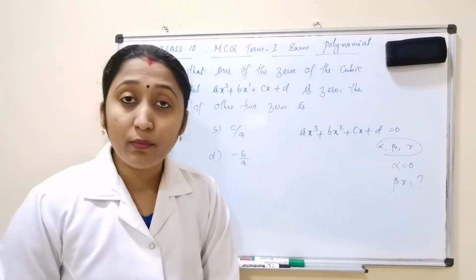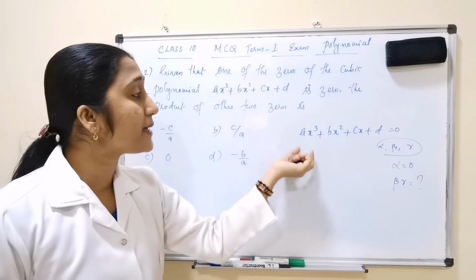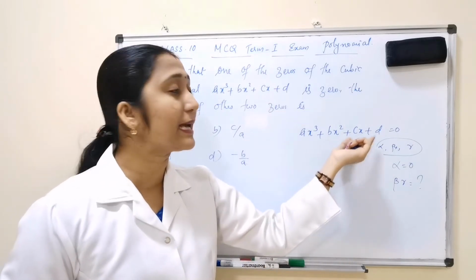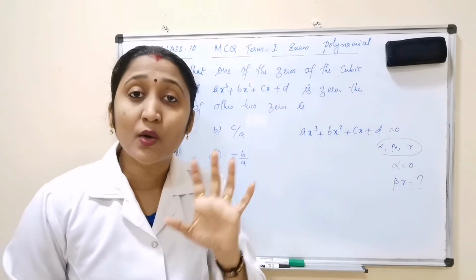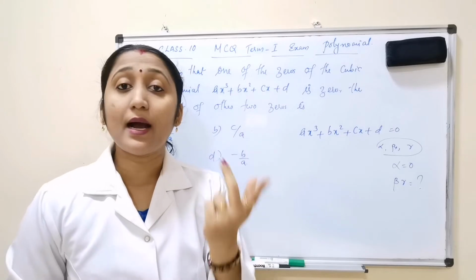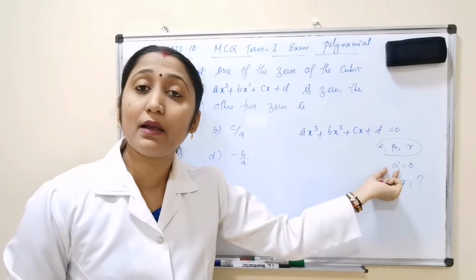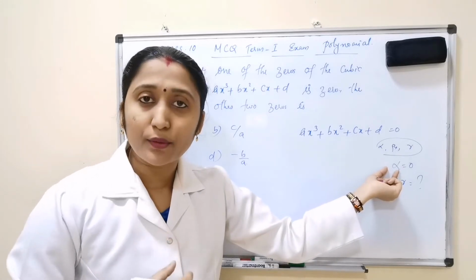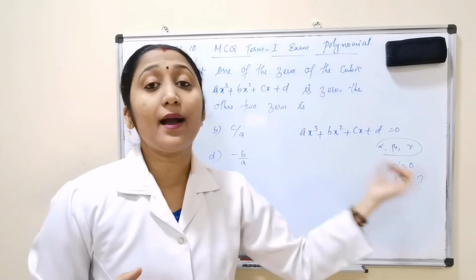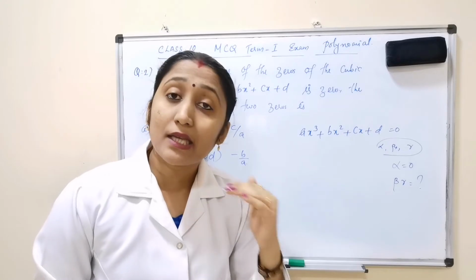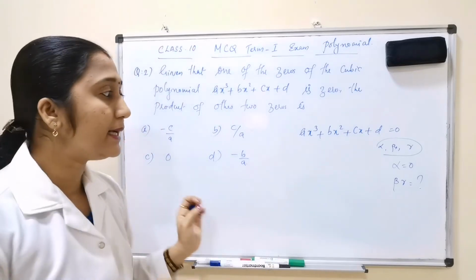The cubic polynomial has zeros alpha, beta and gamma. How can we find it? Let us see.